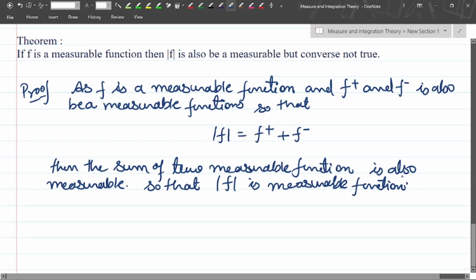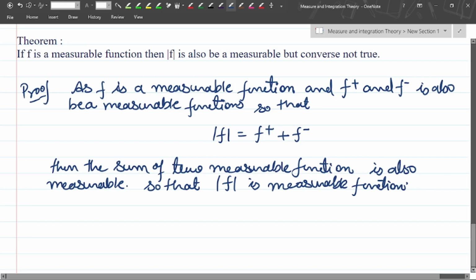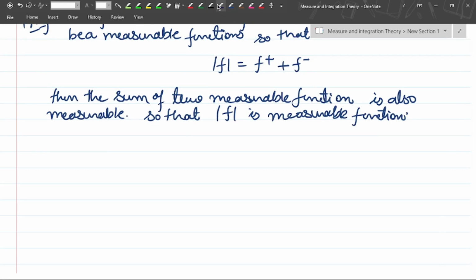Now we want to disprove that if mod f is measurable, then f is measurable. So we'll just show a contradictory example.